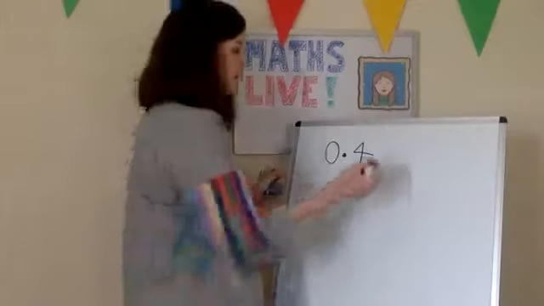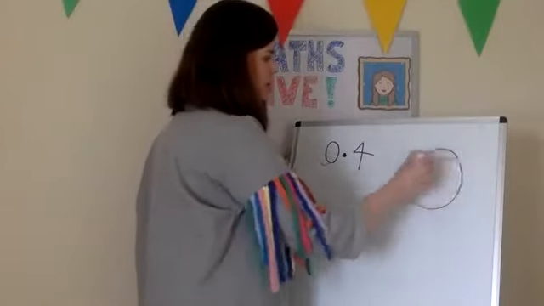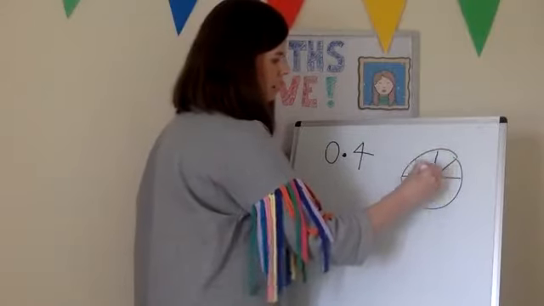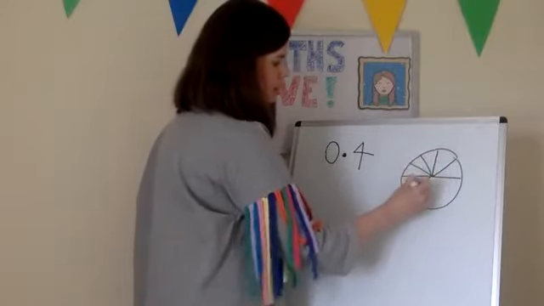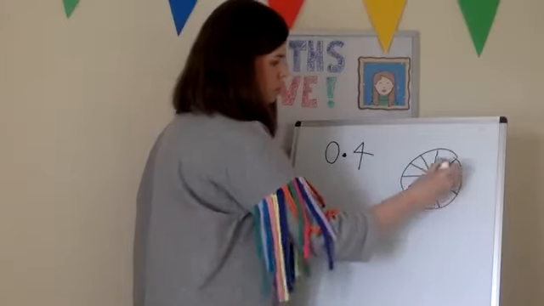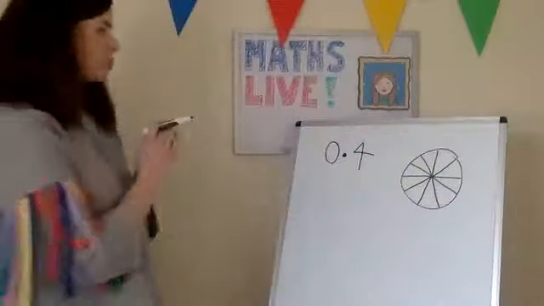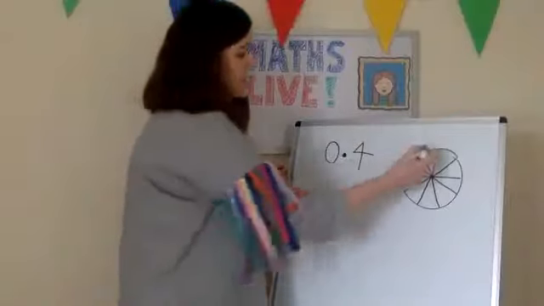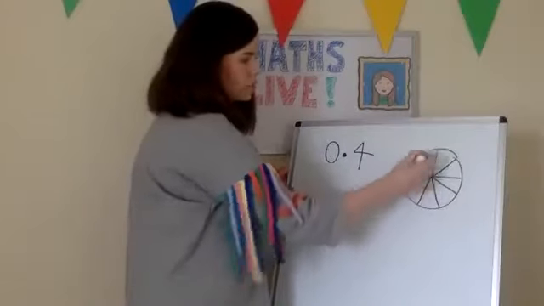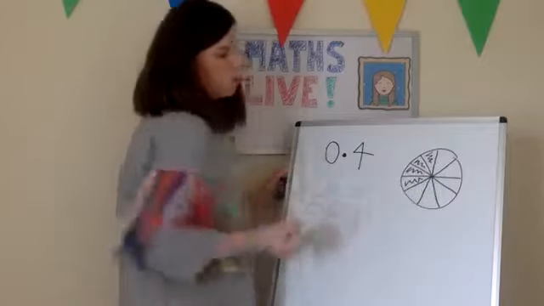Okay, so let's split a number up. Say if we have a pizza, and there's 10 parts. This relies on my drawing skills here. So it should be 1, 2, 3, 4, 5, 6, 7, 8, 9, 10. Right. So 0.4 would mean that out of the whole section, there'll be 1, 2, 3, 4.